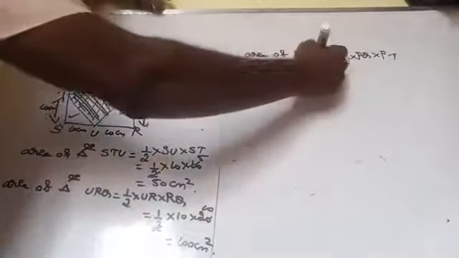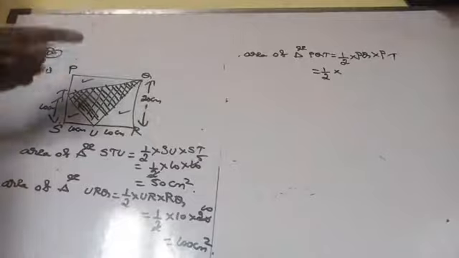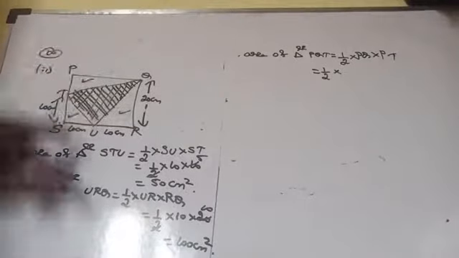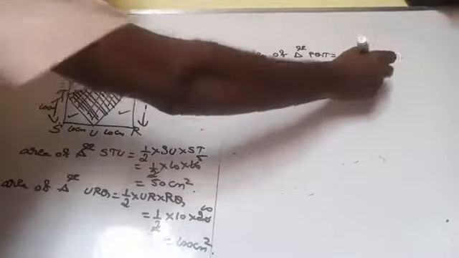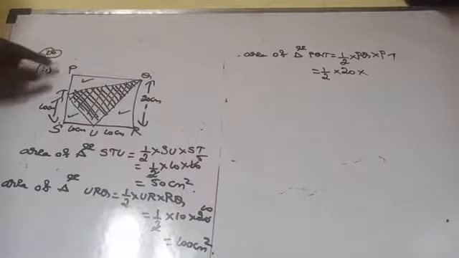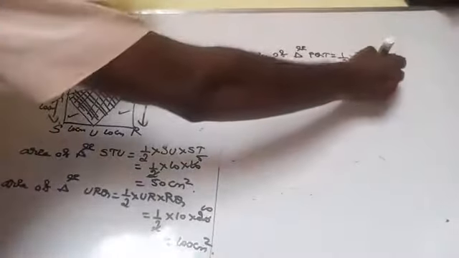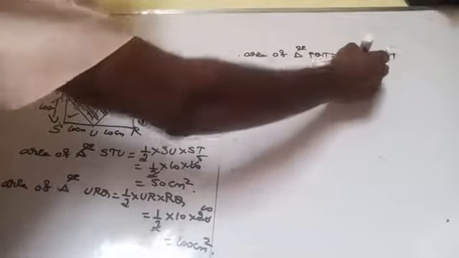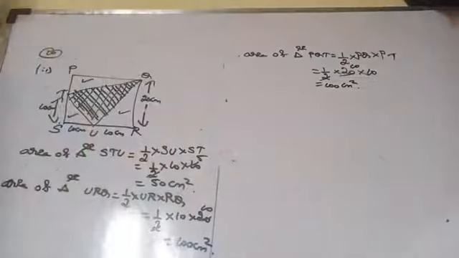So half into, what is PQ? PQ is 20 because it is a square, all sides are equal. Into PT. PS is 20. Here TS is given as 10. So PT will be 10. So half of 20 is 10, 10 tens are 100 centimeter square.